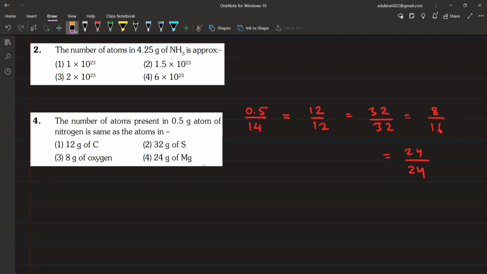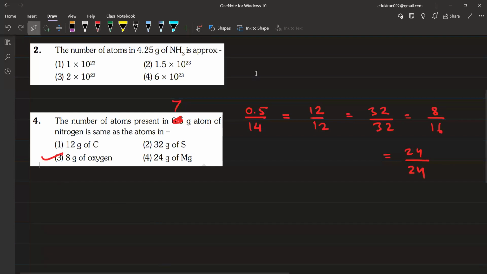I think none of them will be equal, no? Yes, sir. None of them will be equal. I think the question has some mistake here. Okay, so ignore this question. The options are not right. I think this should have been 7 grams of nitrogen. Then we can say that 8 gram of oxygen is the correct answer, right? Yes, sir. Okay, no problem. Sometimes this happens.